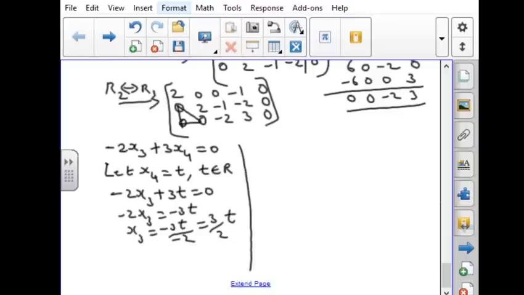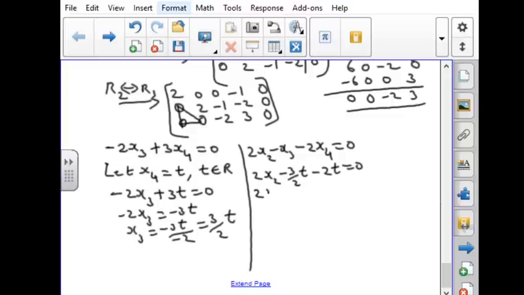Then from the second one, 2x2 minus x3 minus 2x4 is equal to 0. Here we will substitute the values for x3 and x4. So 2x2 minus x3, which is 3 by 2 t, minus 2x4, which is t, is equal to 0.